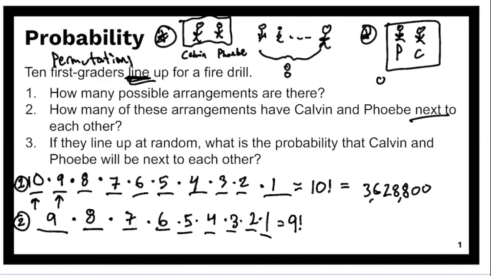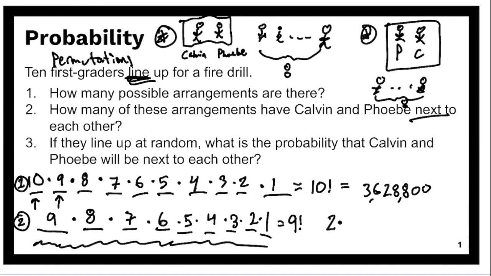And then we also have the 8 other students that we're lining up. The number of ways we could line these students up can be found using the exact same method we did down here. So we'll also get 9 factorial. So for number 2, the number of possible ways to line them up is 2 times 9 factorial.